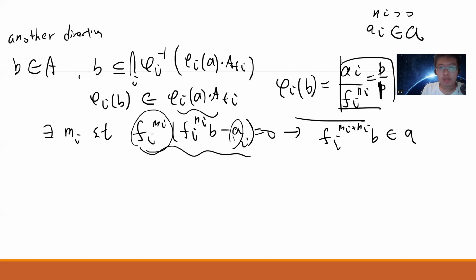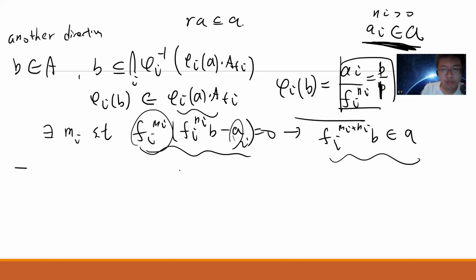So this f_i^{m_i} times a_i will be in A. Is this correct? Yes, because a_i is inside this ideal, so any ring element r times a_i will be in A. So this is true. So m_i and n_i depend on i.